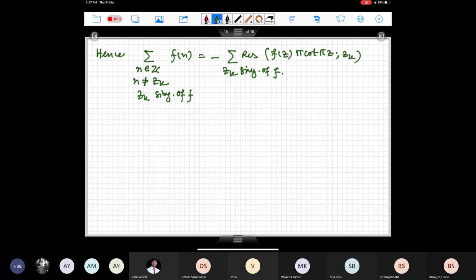If I need to sum f(n) as n varies over the integers, I get minus the sum of the residues of f(z) pi cot pi z at zk, where the zk are the singularities of f. So this is what you can calculate and see.